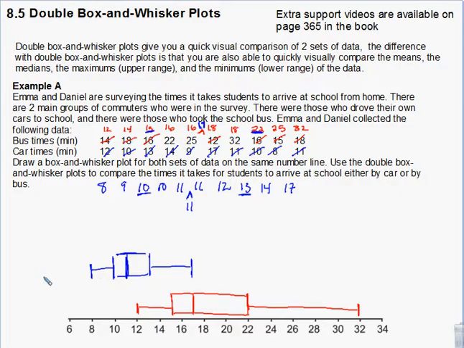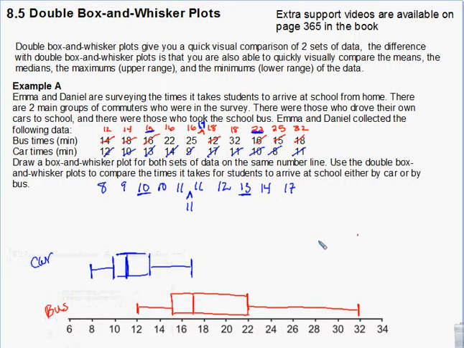Okay, so same idea as we were doing before. You make the box and whisker. It's just that instead of just doing a single box and whisker, you put 2 of them on top of each other. And I can look at this. Usually you'll do something like write out to the side what each one represents.